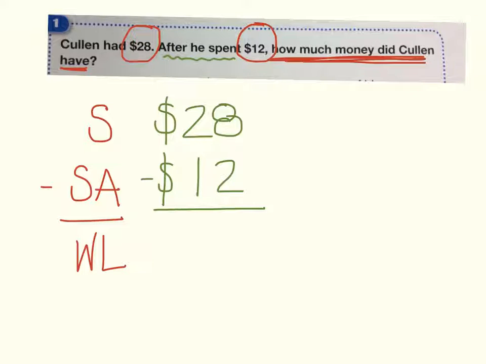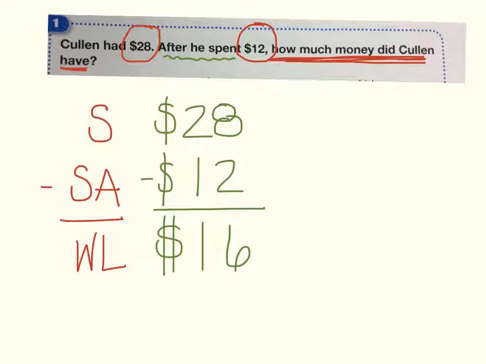Always check for palm trees and penguins, even with just laying out the problem. So I would say 8 minus 2 is 6, 2 minus 1 is 1. Now does it make sense that he has $16 left? It does make sense, because he started with 28. If I ended up with a number bigger than 28, then something went wrong.